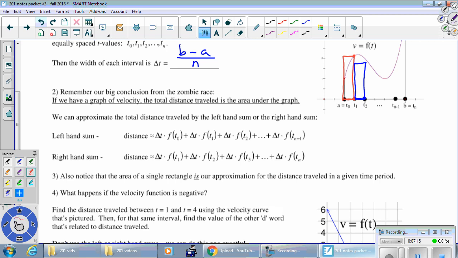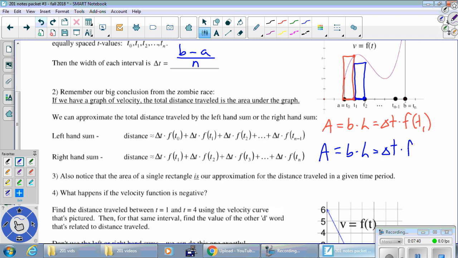And so in this case, the area of the red, base times height. Base is always delta t. Height is now given by the height at t sub 1. So it's f of t sub 1, which means f of t sub 0 is never calculated for the right-hand rule. Area of blue, base of the blue one is still delta t. And now which point gave us the height of the blue rectangle?